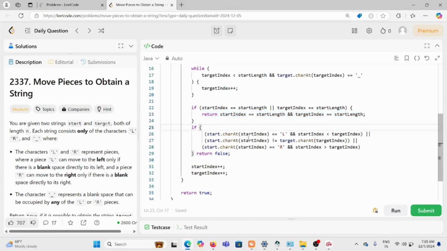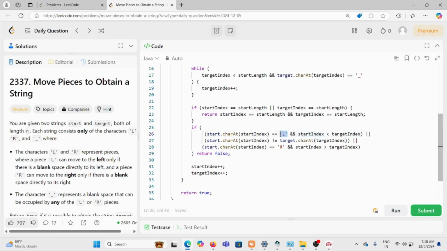Then we have another check, for L. If it is L at the start index, and this start index is lesser than the target index, in that case we return false, because in our target this cannot go greater than the start index.